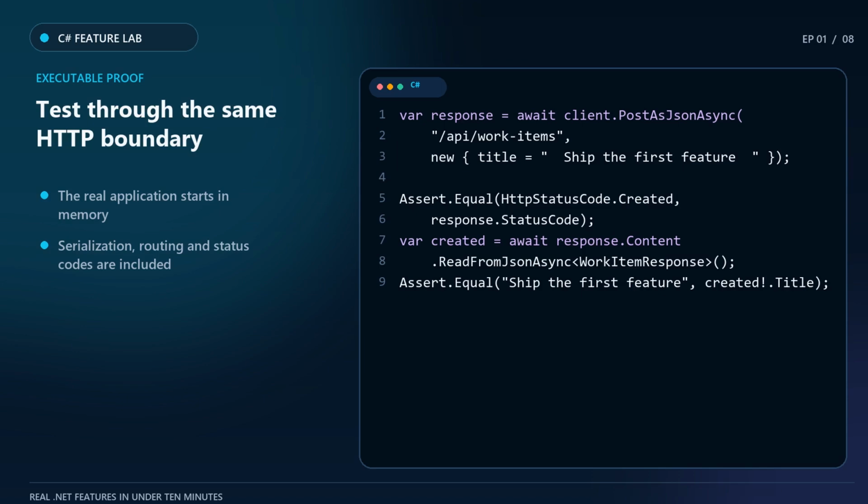A second test sends an empty title and expects bad request. A third creates an item and confirms the list endpoint can see it. Three small tests describe the public behavior of the slice. If we later change storage, these tests should continue to describe the same feature contract.